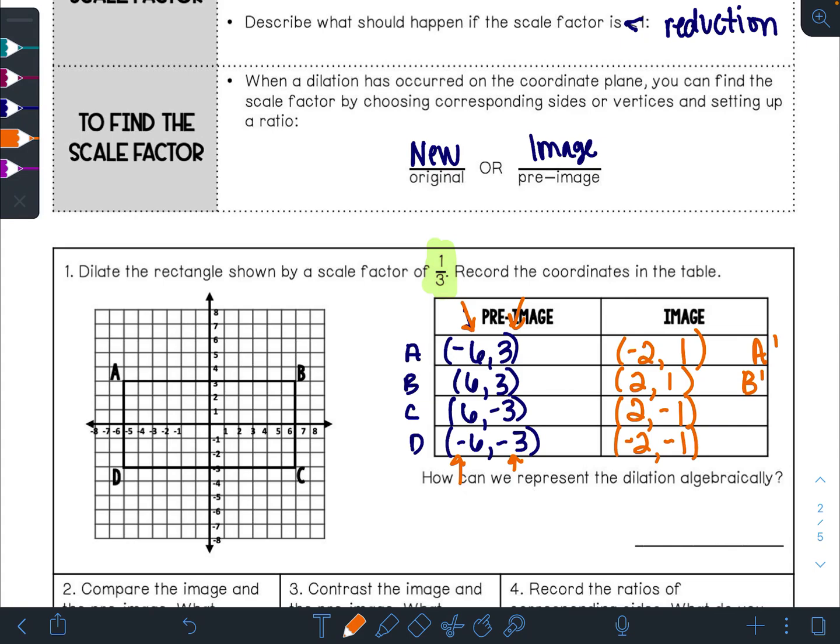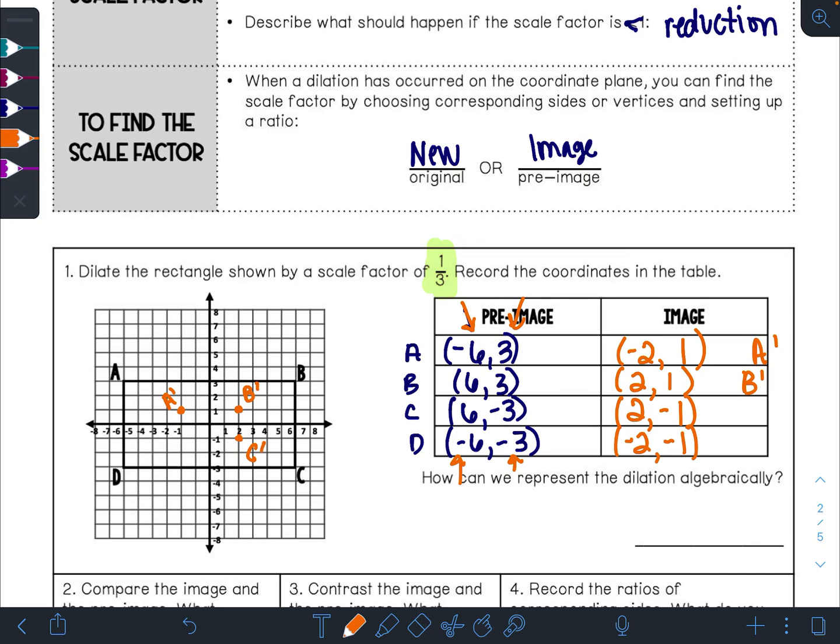We can go and graph this then. I know this graph is a little bit messed up along this scale, so just count each one of those lines as 1. I'm going to go to the left 2 and up 1. That's A prime. I have 2, 1, that's B prime. 2, -1, and that is C prime.